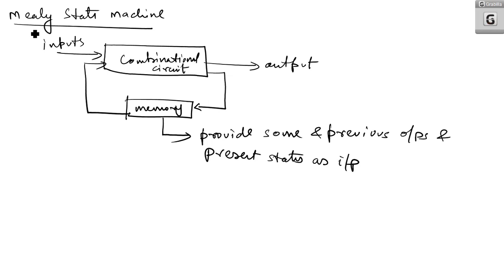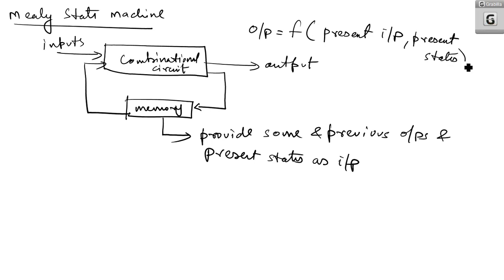That means here for the Mealy state machine, the output is a function of present input and present states. Here present input means this, and present states means the state of the memory. That means the state of the sequential circuit. So this is basically a combinational circuit and this one is basically a sequential circuit.